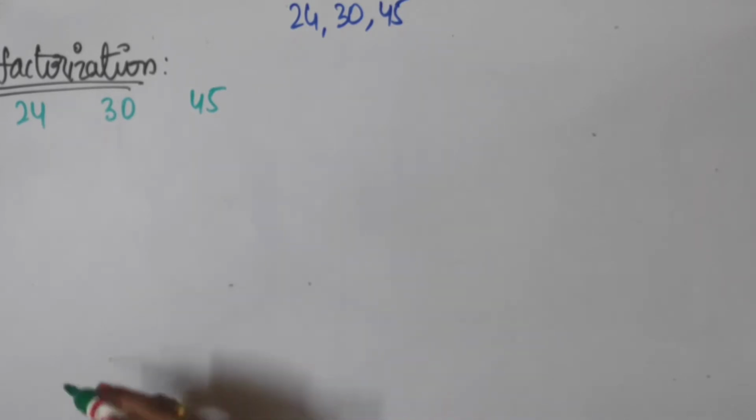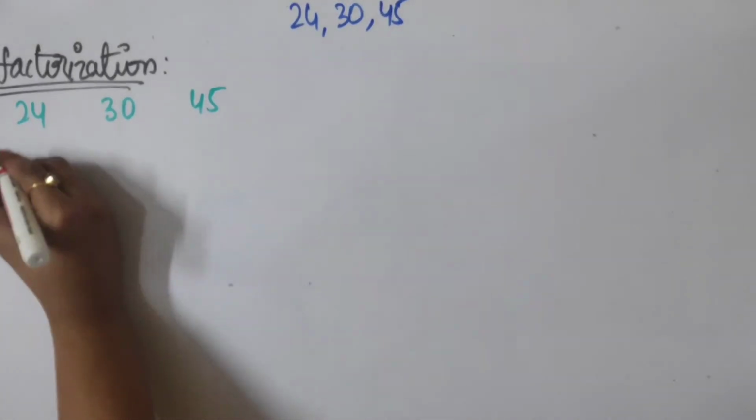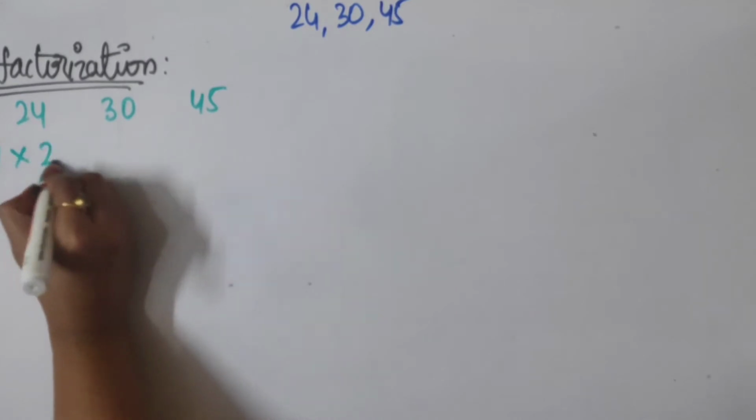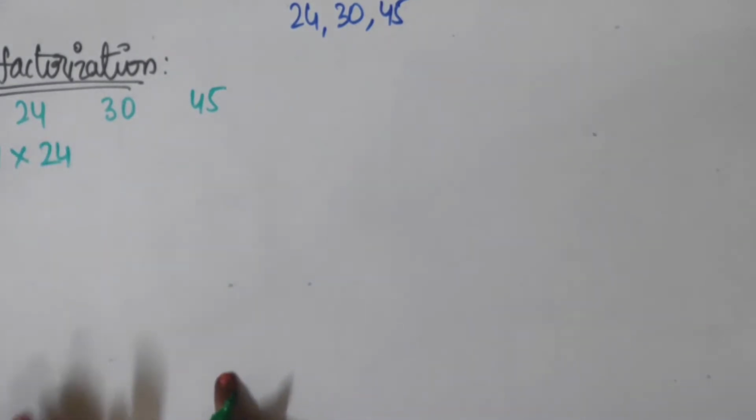Let's see. First, 1 into 24 is equal to 24.